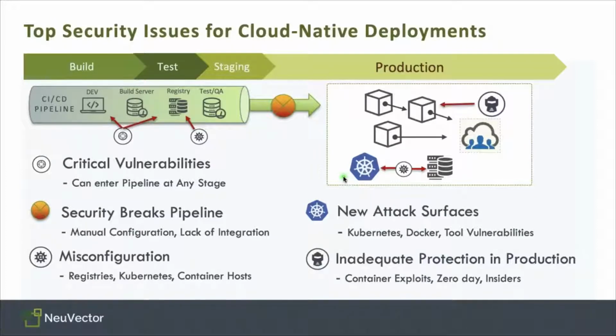So Kubernetes itself could be attacked. And as we saw last year, a critical API server vulnerability could be discovered, which enables someone to attack the API server and therefore bring down your containers. So all of the infrastructure presents a new attack surface that needs to be monitored and protected automatically.